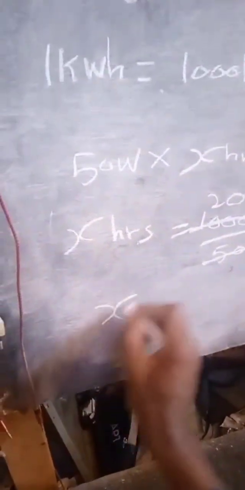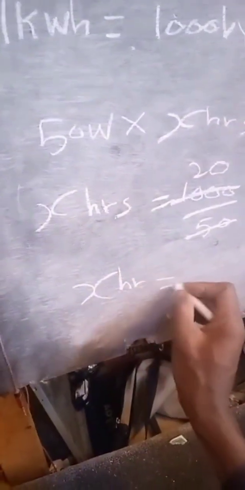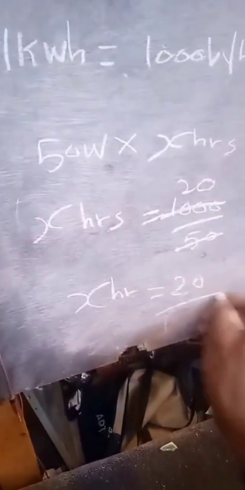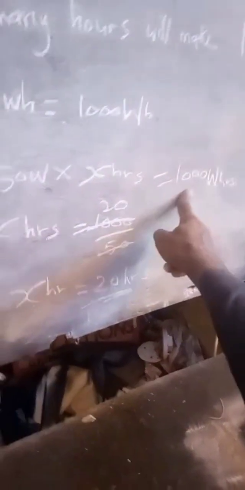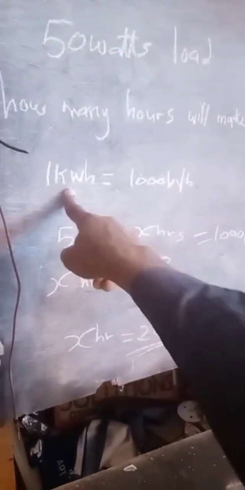X hours equals 20 hours. So I'll be required to use my 50 watts load for 20 hours before it gets to 1000 watt hours or 1 kilowatt hour.